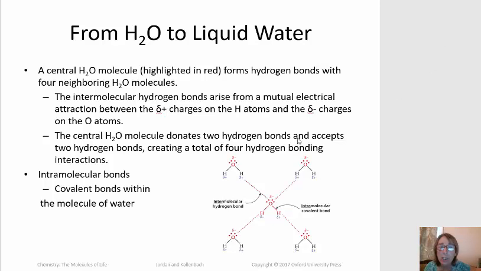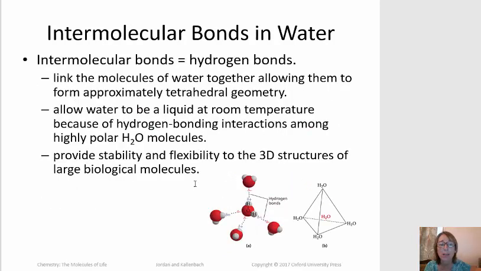So we see that each water molecule is able to hydrogen bond with 4 other water molecules, and because the 4 electron pairs around oxygen are in a tetrahedral arrangement, each water molecule can engage in a tetrahedral arrangement with other water molecules. And this gives it a lot of stability.